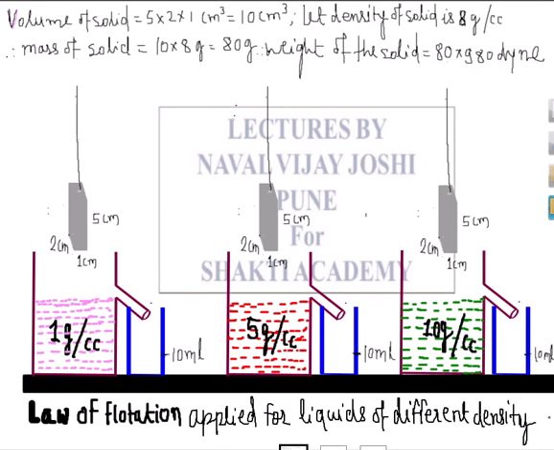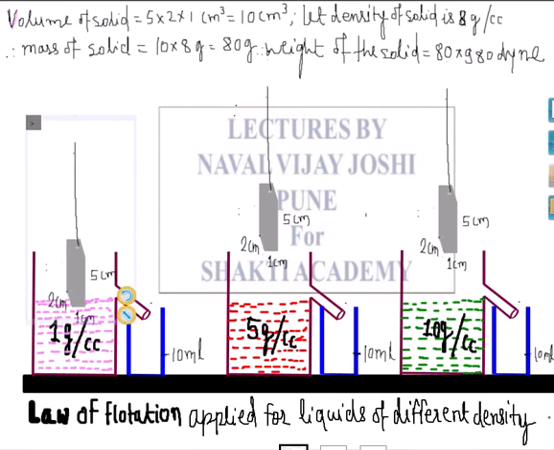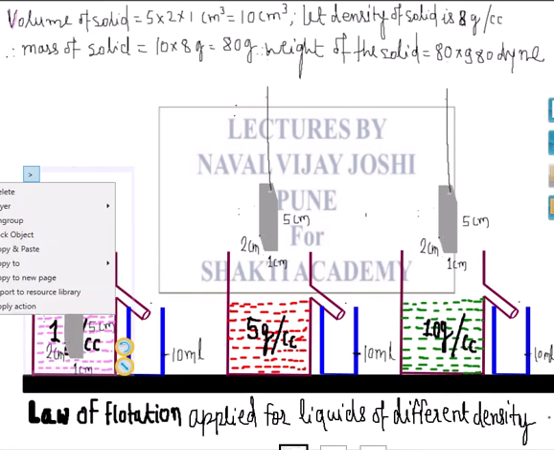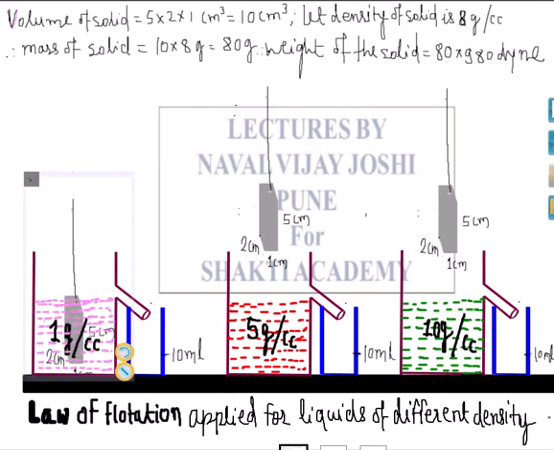So I am taking down this solid inside this liquid, and according to Archimedes' second law, second and first law we are applying combinedly, and hence you can see that the solid gets fully immersed inside this liquid.